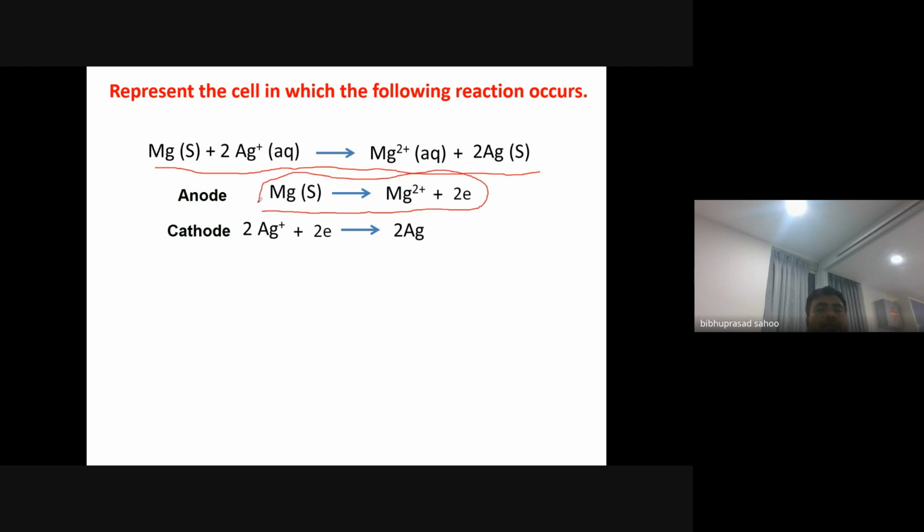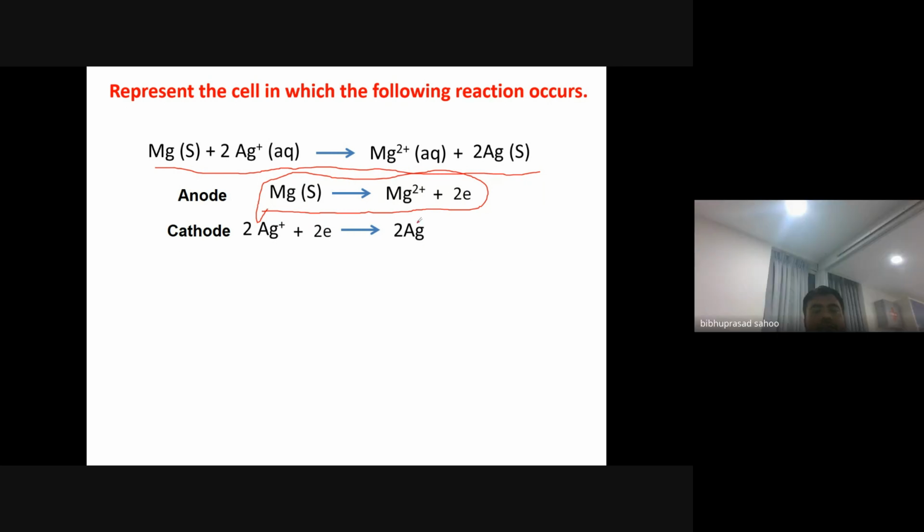Who is oxidizing, student? Who is losing electron? By looking at the slide, please say who is oxidized here. Magnesium. Who is reducing here? Silver. Very good.